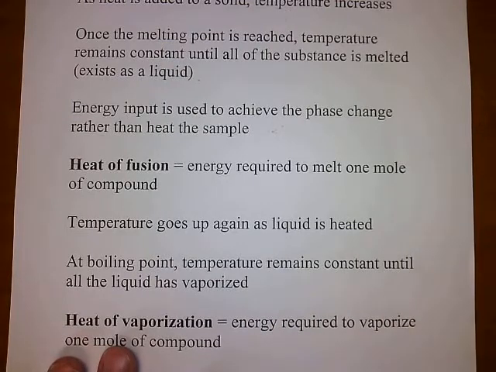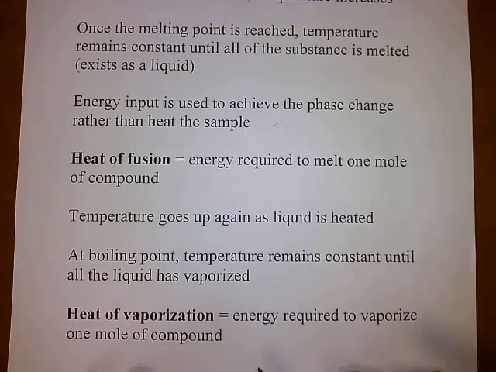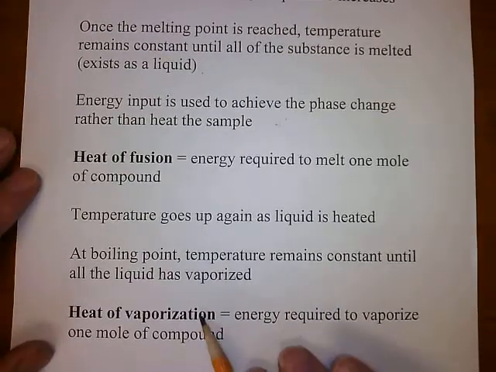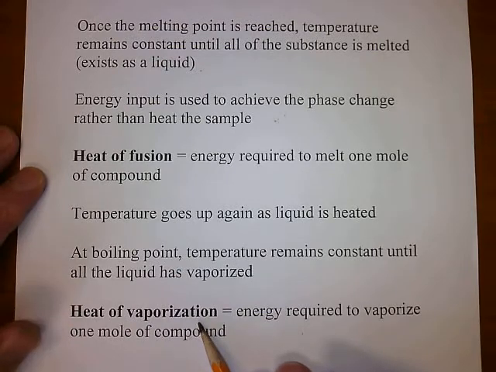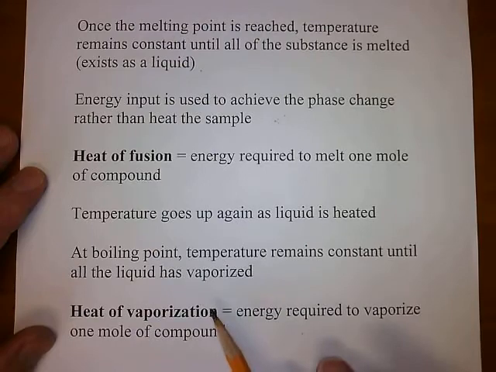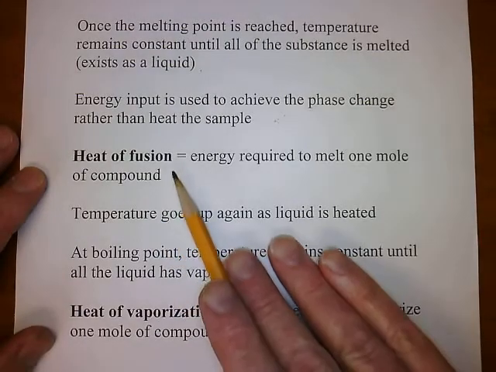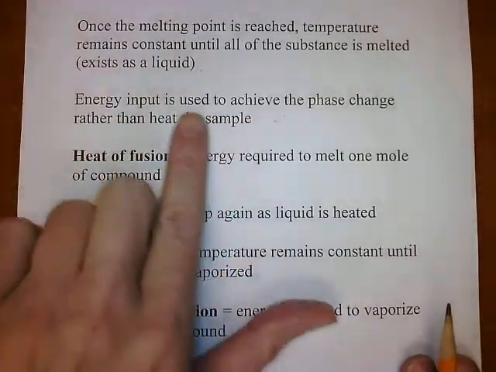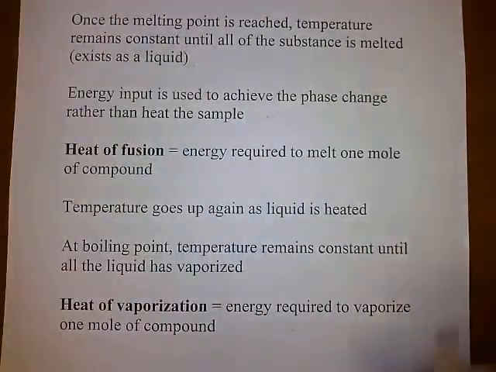All the liquid is being converted to a gas. That is the heat of vaporization, the energy required to vaporize 1 mole of compound. That's almost always bigger than the heat of fusion, because it takes more energy to go from liquid to gas than solid to liquid. But it's the heat of fusion, the melting process, that we're going to be using here.